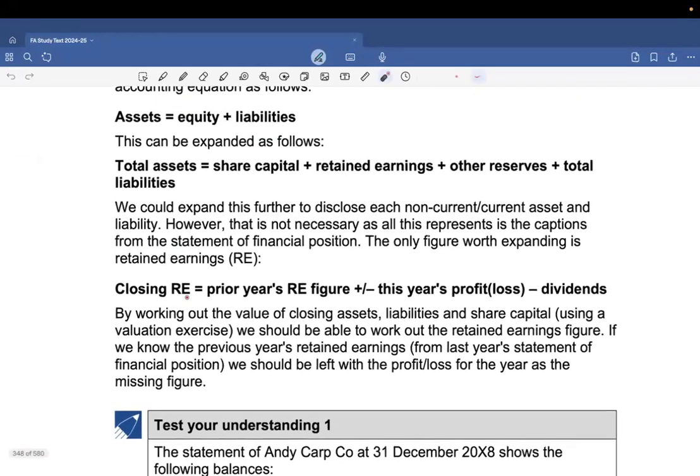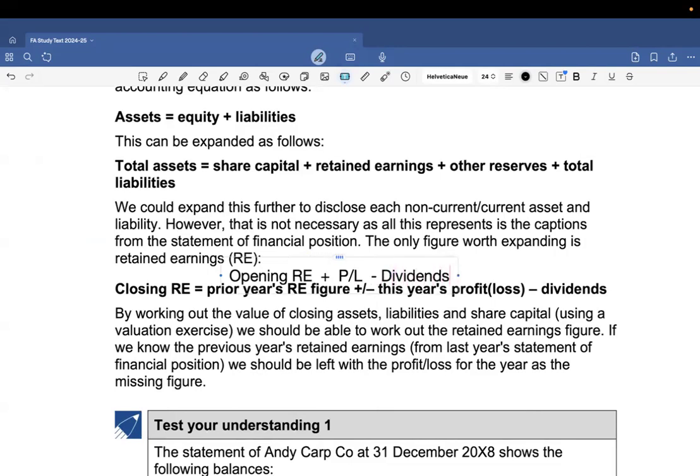Now, in most cases, closing retained earnings won't be given. So we have an equation for closing retained earnings. I'll just rewrite this. It is opening retained earnings plus whatever P&L amount we have for the year, minus any dividends that are being paid.